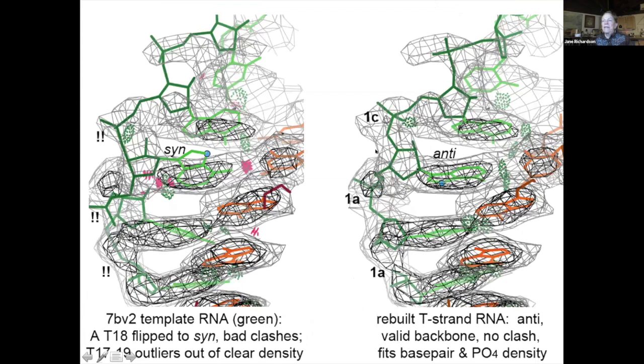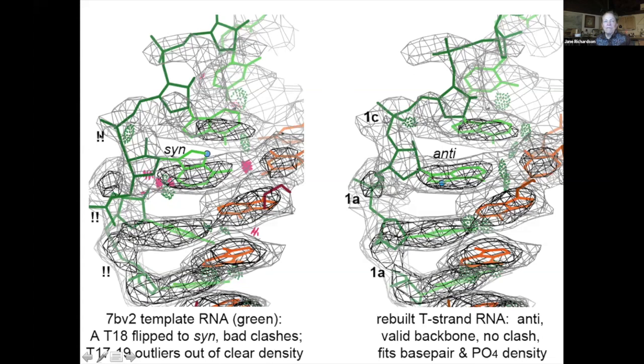And then some changes in RNA where this just didn't fit the density very well. This one's backwards. It's a syn purine when it should be anti. I mean, not that they're not sometimes syn, but clearly this one shouldn't be.